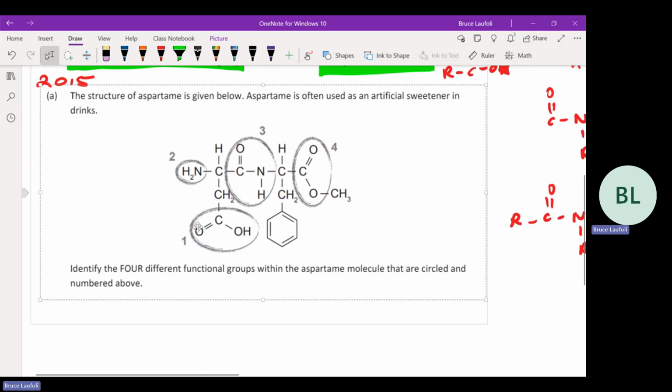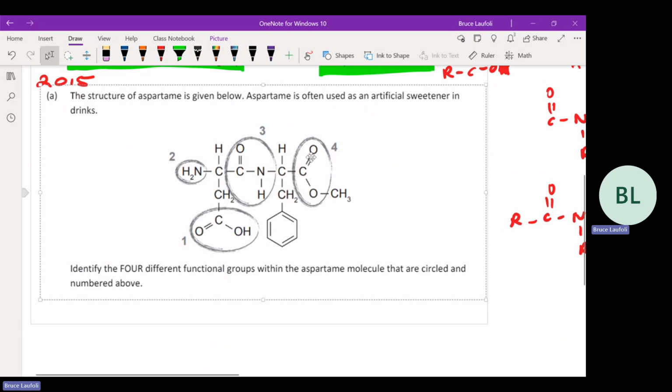Functional group number 1, hopefully you can see it's a carboxylic acid. Functional group number 2 is an amine. Functional group number 3 is another situation where they have given us a secondary amide. And functional group number 4 is actually an ester.